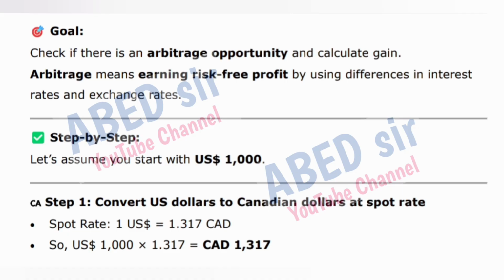Step by step. Let's assume you start with 1,000 US dollars. Step 1. Convert US dollars to Canadian dollars at spot rate. Spot rate 1 US dollar is equal to 1.317 CAD. So, 1,000 US dollars times 1.317 is equal to 1,317 Canadian dollars.